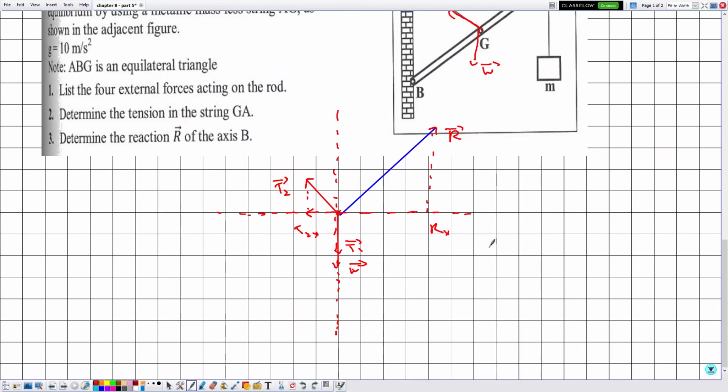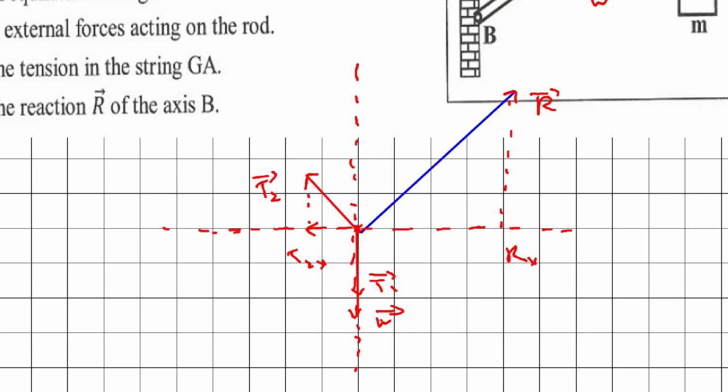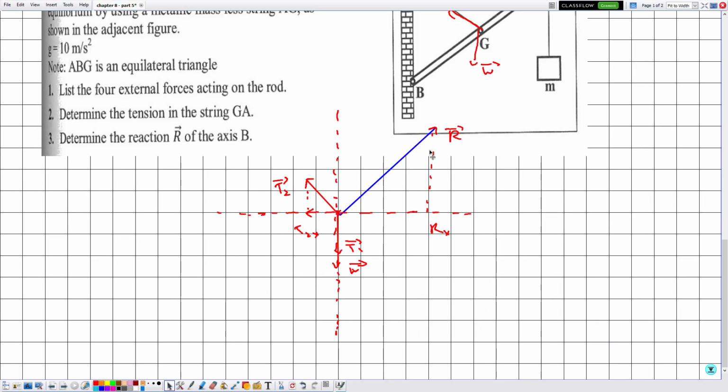So the x component of R must completely oppose T2x. So first of all, my drawing is wrong, and if this is, for example, 1 point something division, this must be 1 point something division. So it must be like this.